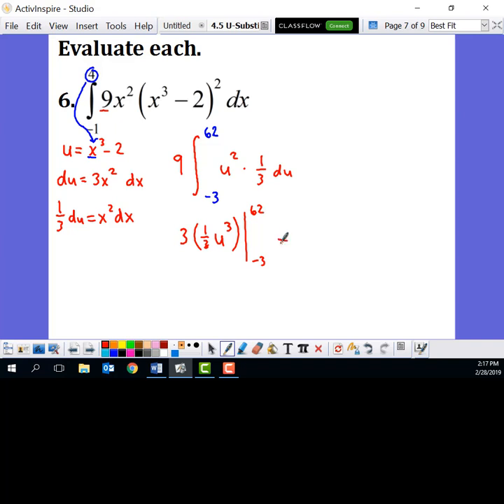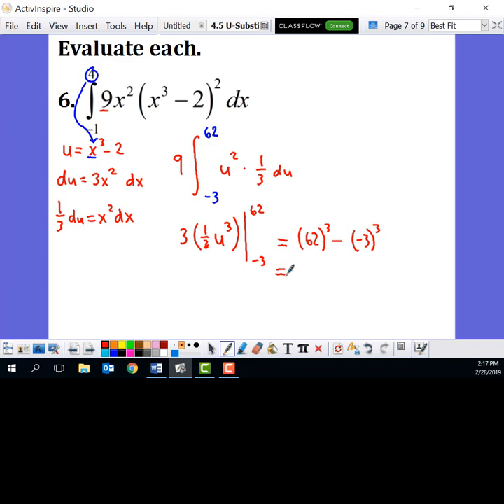So we plug in 62 for u. So 3 times 1/3 cancels out, so it's just 1. So we're going to do 62 to the third power, which is a huge number, minus lower bound, -3 to the third power.